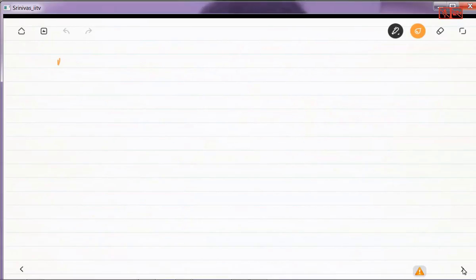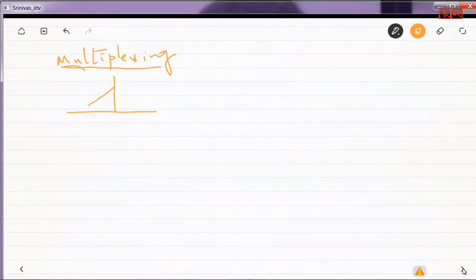Let's do one simple example. We are still discussing multiplexing, right? There is a signal. Let's call this minus F1, this is plus F1.